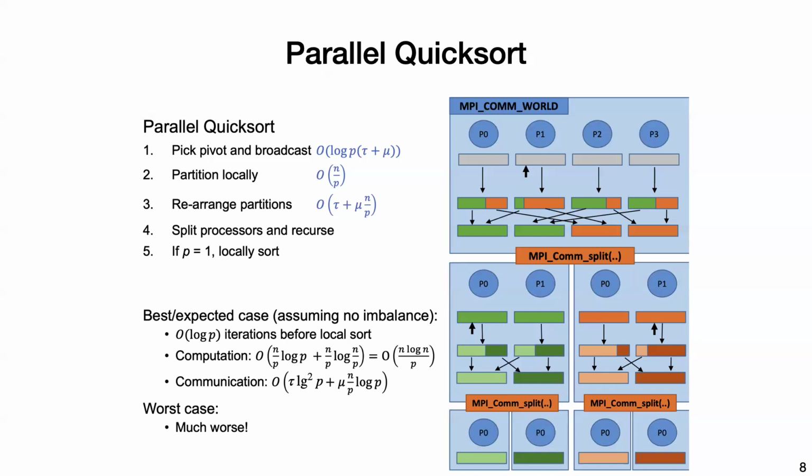And to do the partitioning, each round takes n over p, and you have to do it for log p rounds, because the height of the recursion is log p. So that's where this n over p log p comes from. And this is order n log n over p.